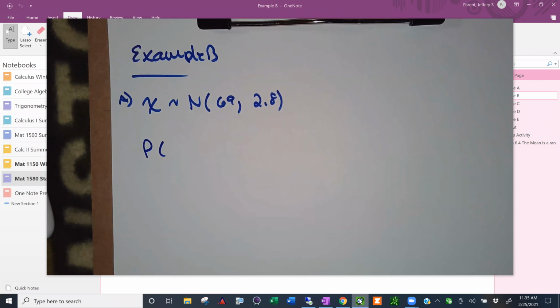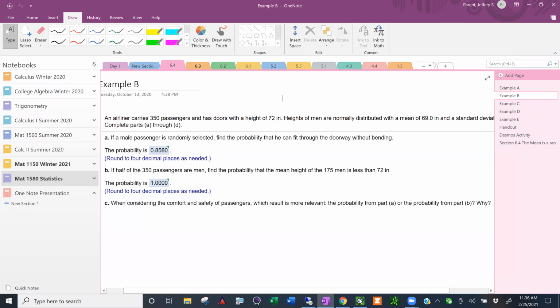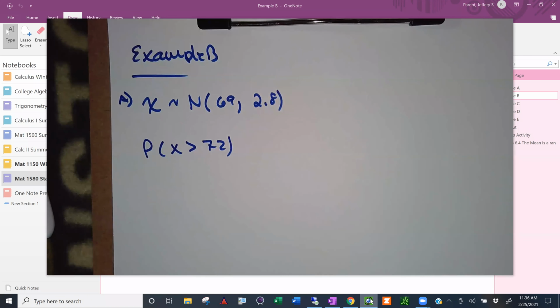We want the probability that, let's see, how tall is the door? 72 inches. So we want the probability that X is greater than 72. Like the last one, let's draw this.